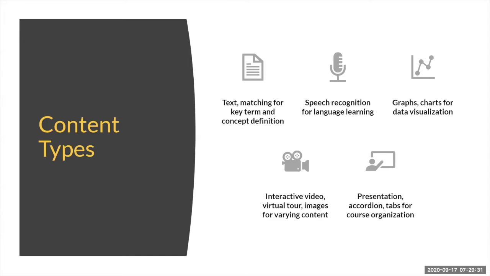And I think H5P goes a long way in allowing us to present content that reaches a broader audience on a broader set of devices that might have varying broadband abilities, to still give them a more enriched environment in which to learn, rather than just having to boil it down to text and basic images.